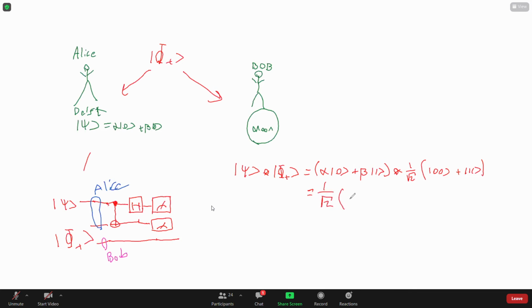So we get alpha 0 0 0 plus alpha 0 1 1 plus beta 1 0 0 plus beta 1 1 1. Like this.